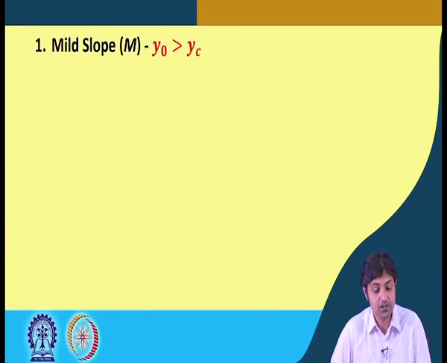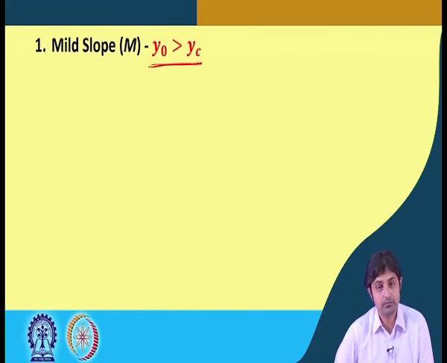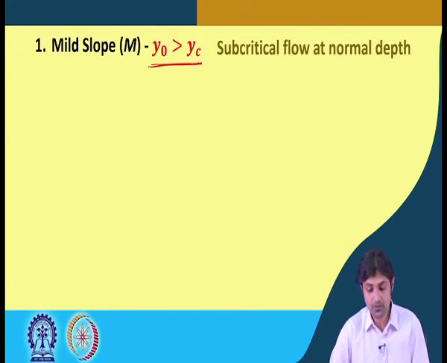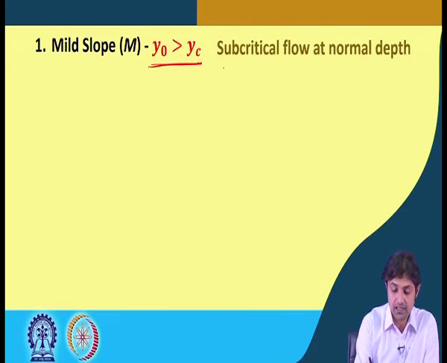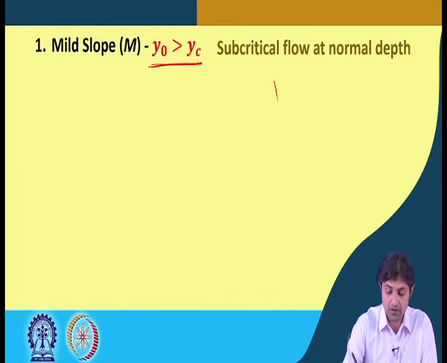One is mild slope, called M, where the normal depth Y naught is greater than the critical depth. This implies that the flow is subcritical at normal depth. Fr is equal to V by root G Y naught.